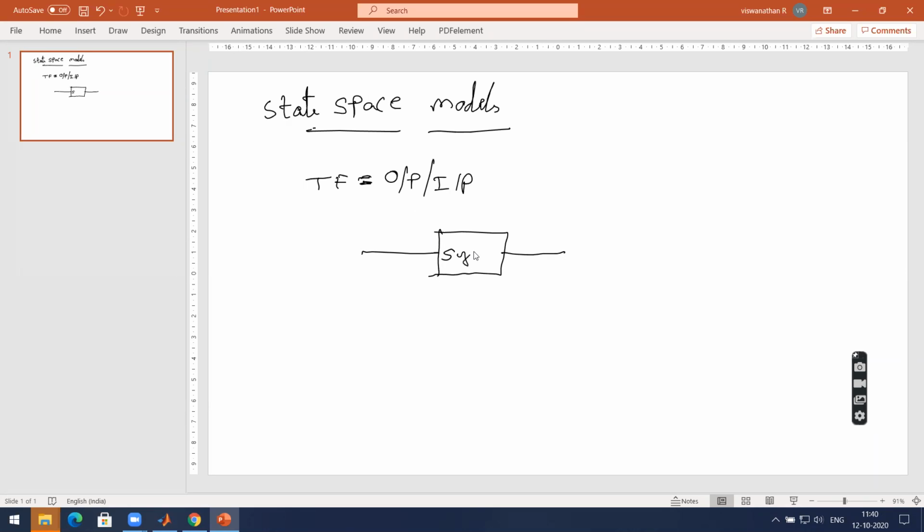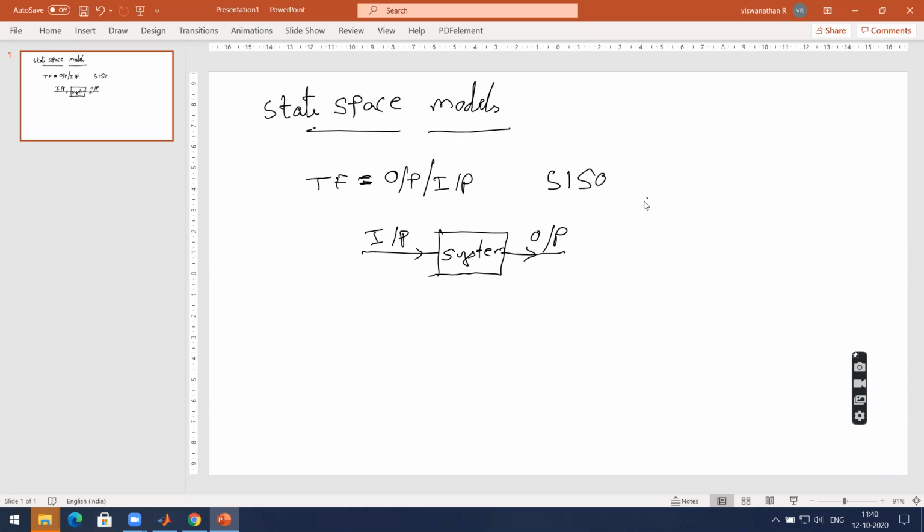So this is the system, this is the input, this is the output. That is SISO, single input single output.